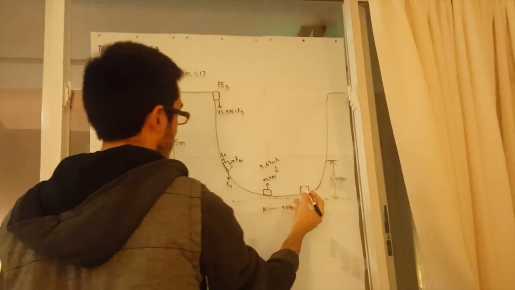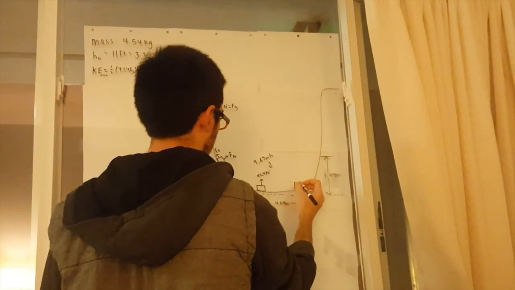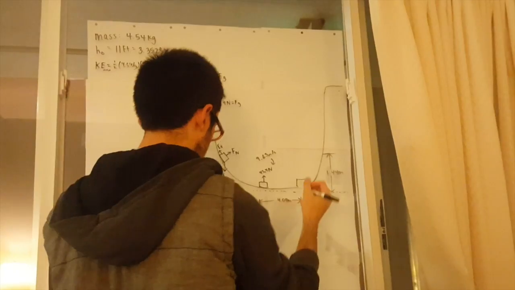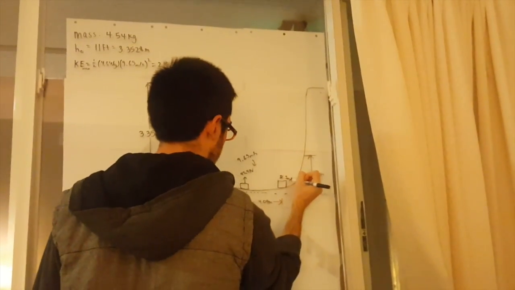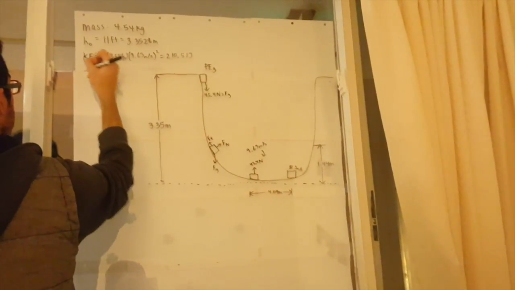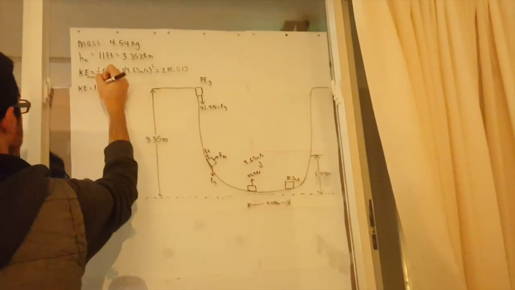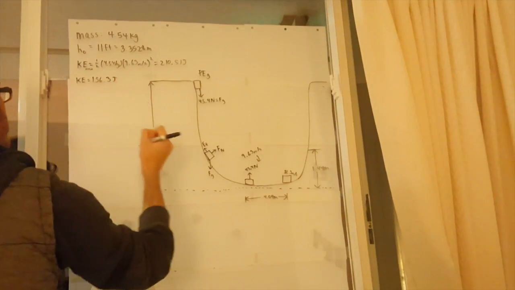And then here at the end of the flat part, the velocity is 8.3 meters per second. And so at that point, the kinetic energy is 156.3 joules.